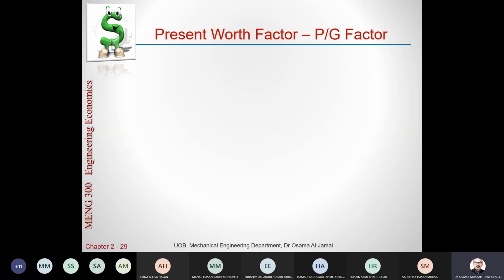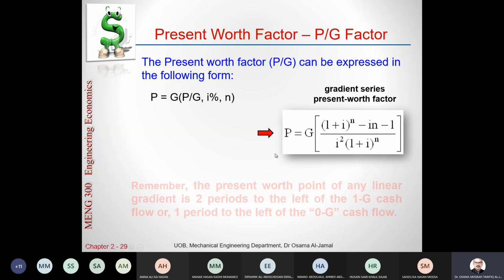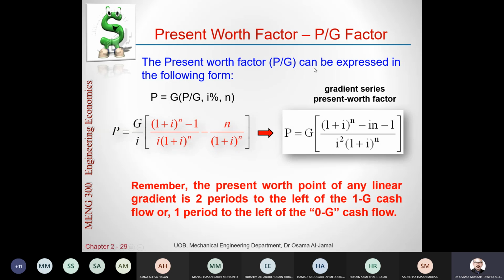The present worth factor, P given G. What is important for us here is to see the formula used for that capital G. The present worth factor, P given G, can be expressed in the following way.